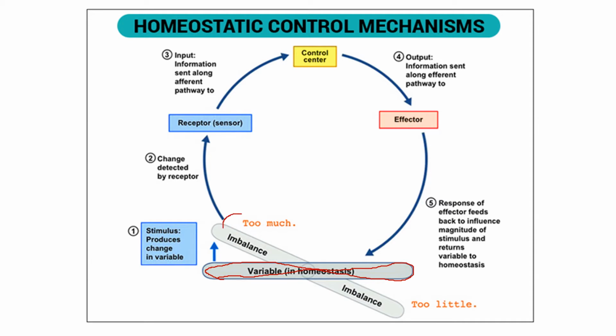You can have too much of something, and we'll talk about examples of that, and that's out of balance. Or you can have too little of something, and that's out of balance. So again, homeostasis is just talking about balance, okay? And like I said, pretty much every organism on the face of the earth has to display some level of homeostasis in order to survive.